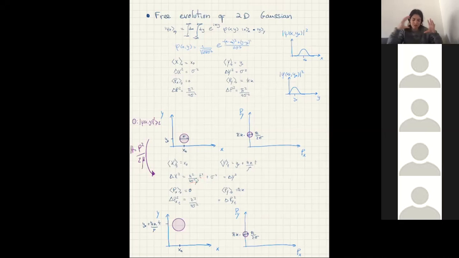And it spreads out in both directions the same, because we started with the same sigmas for X and Y. This was the choice. It does not move the average X position, but it does move the average Y position by the momentum. Okay, and in the P basis, nothing happens.